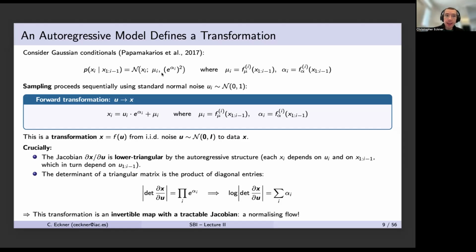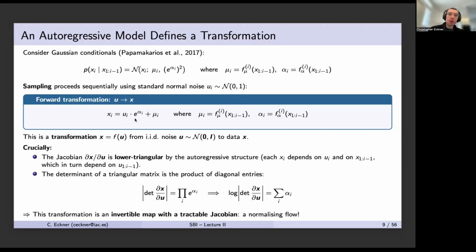But the transformation is very simple. You just start from the first one, which is just standard noise. You draw from a standard normal with mean 0 and standard deviation 1 as your first random variable.